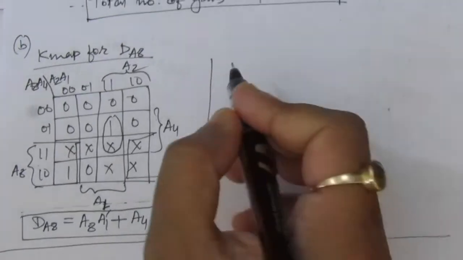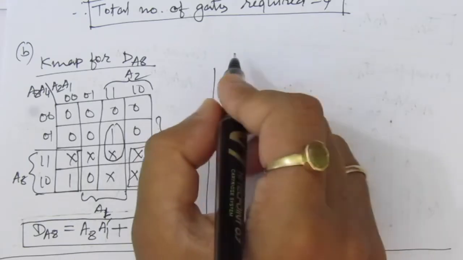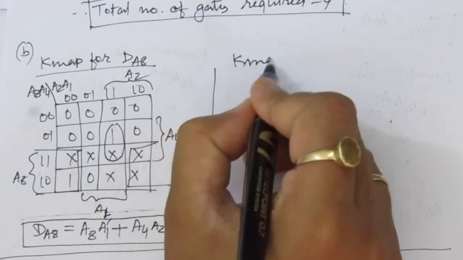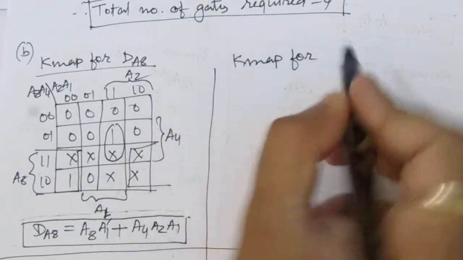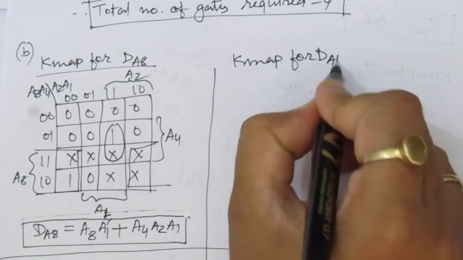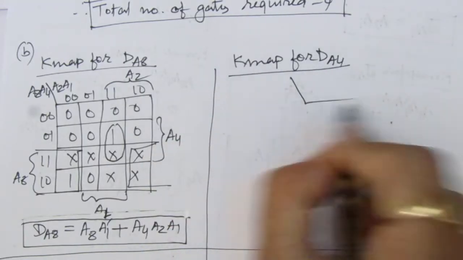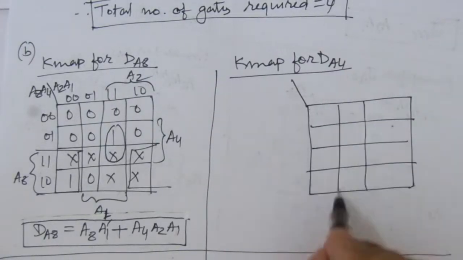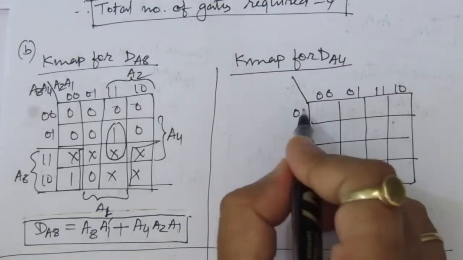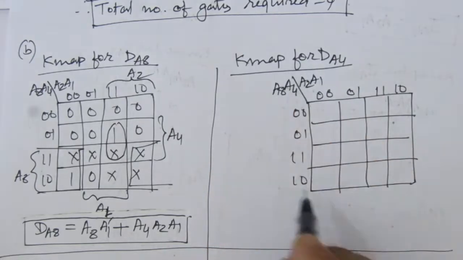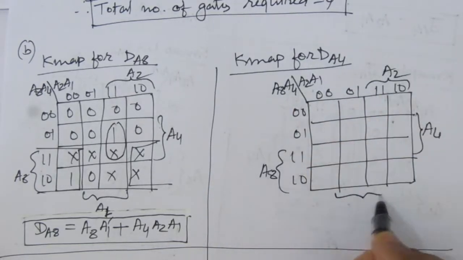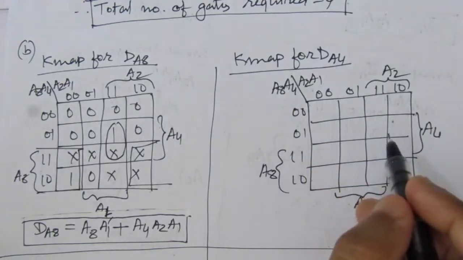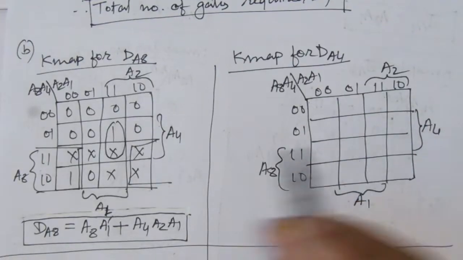Now we'll find out the expression for DA4. K-map for DA4. So here also we'll have a 4 variable map. So we have to fill up this K-map with the values of DA4.